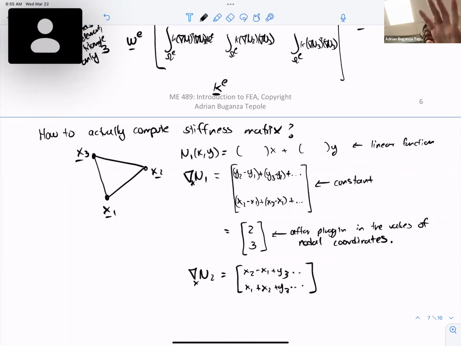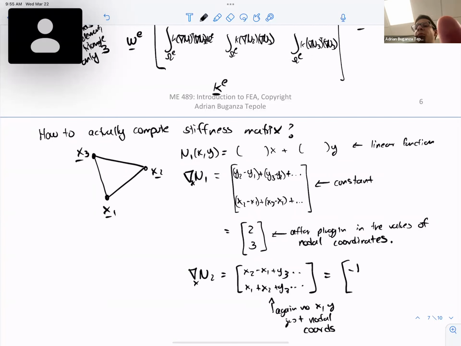It does not have X or Y. So that means that when you plug in the nodal coordinates, again, you will get some number. Or some vector, I guess.